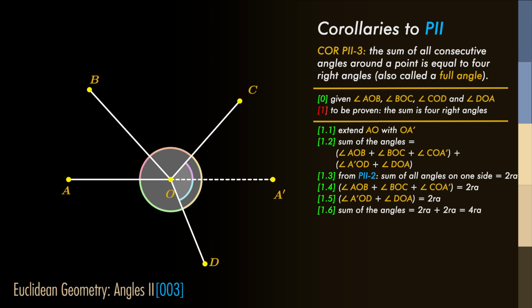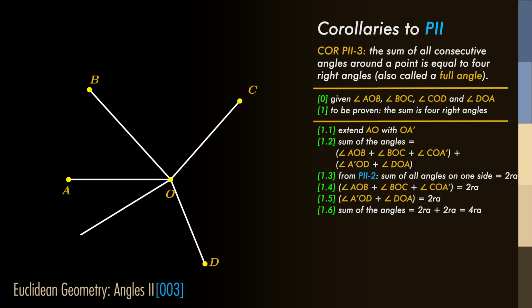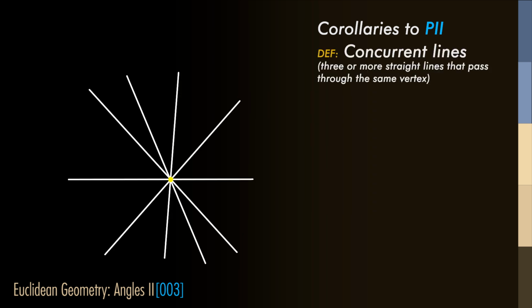This leads to the conclusion that the total sum is four right angles. We have proven this for these four angles, but we can do this for any number of angles around a vertex. When three or more straight lines pass through the same vertex, they are called concurrent lines.